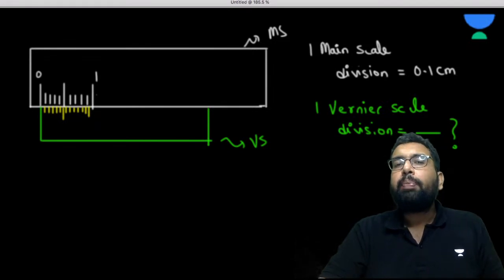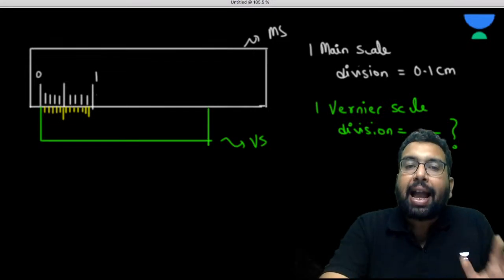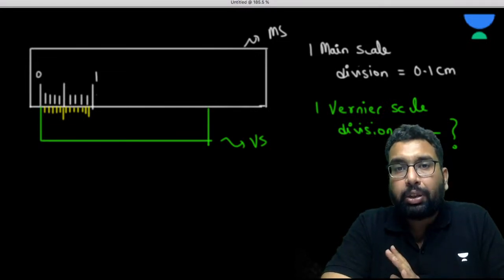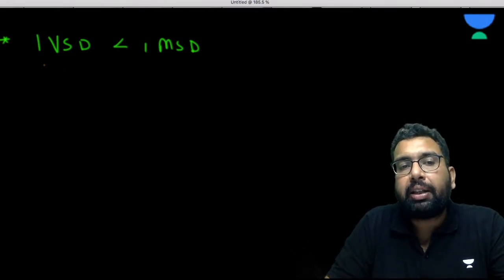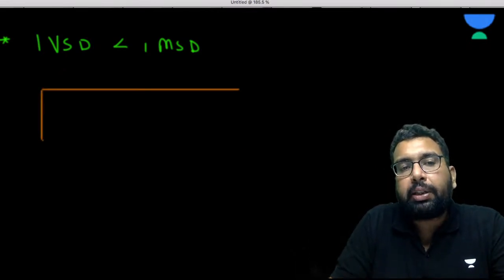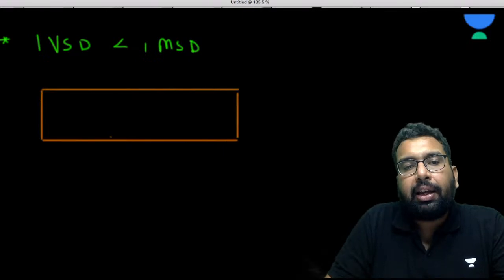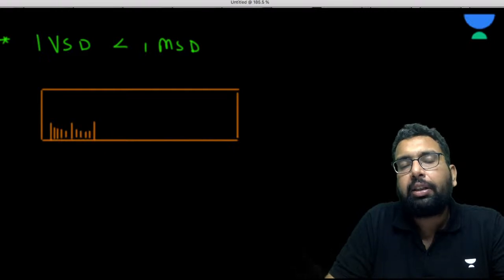Please understand it. Since the vernier scale division is less than the main scale division, let's suppose this is the main scale division, and this is your main scale.